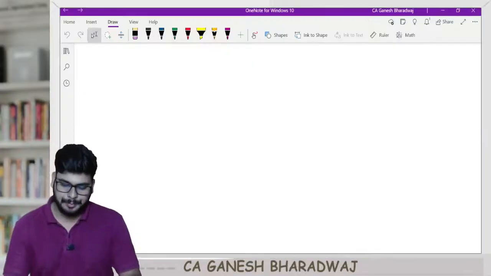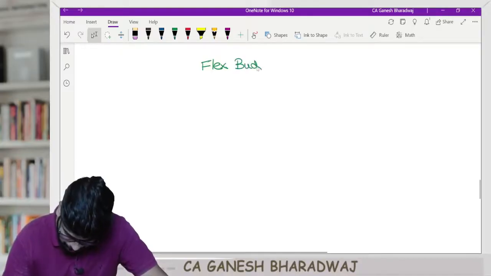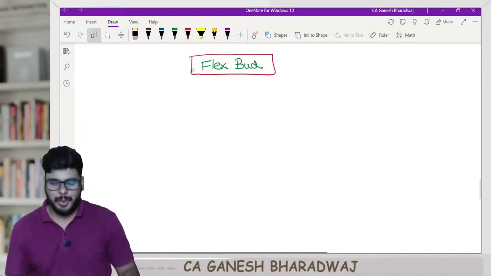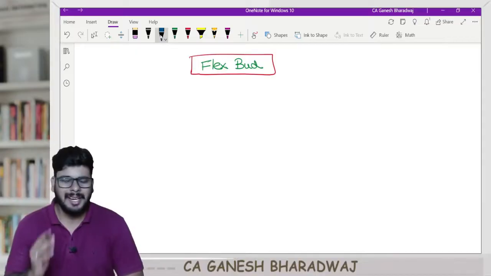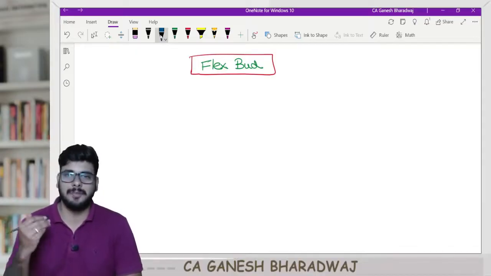Now, in this concept of flexible budget, what do we have here? In flexible budget, basically, this area revolves around the cost behavior pattern.